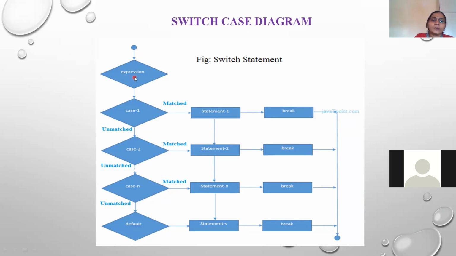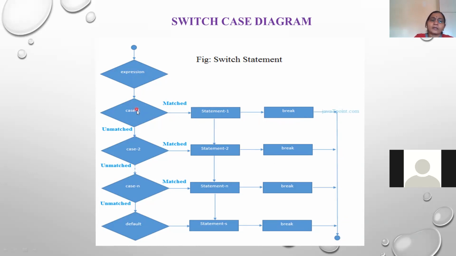First it is evaluated, and that result is compared with case 1. If the result matches, then the statement 1 block is executed. After that, the break statement is encountered, and due to this break statement, control goes directly out of the switch statement.